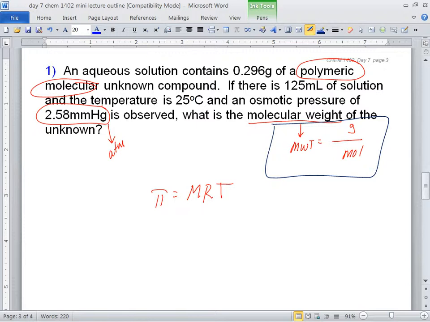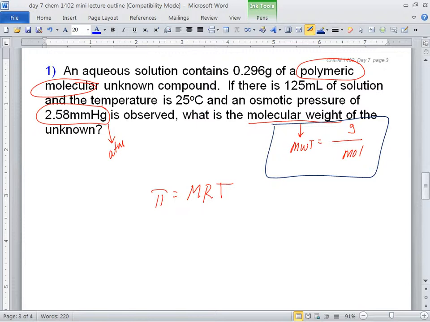So what they did is they took 0.296 grams of this polymeric substance, and they put it in 125 mL of water, immersed it in pure water, and they stopped the liquid from going up by applying 2.58 millimeters of mercury. So you already have atmospheric pressure on here, but they applied 2.58 millimeters of mercury in addition to what's atmospheric pressure.